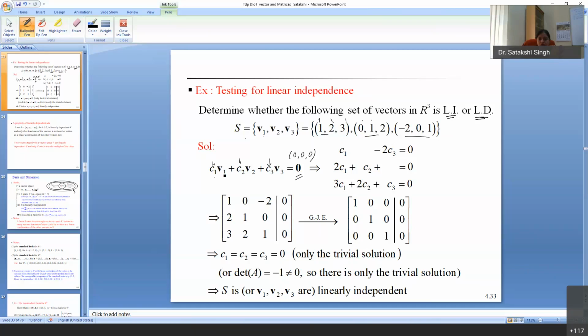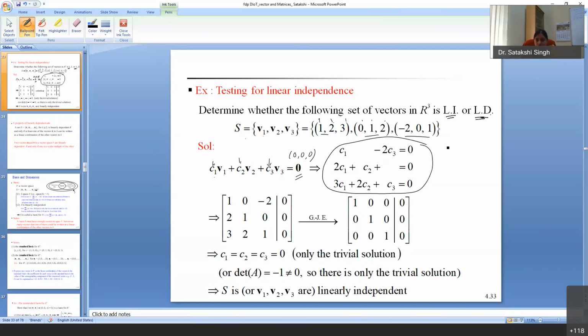We do the scalar multiplication and afterwards the vector addition, and then by comparing the left and the right hand side, there will be three equations formed here. There are three equations in three unknowns again. Now we have to check what values of C1, C2, C3 you get.